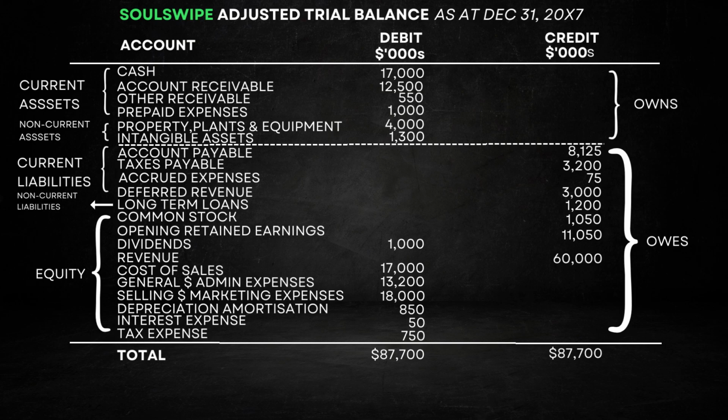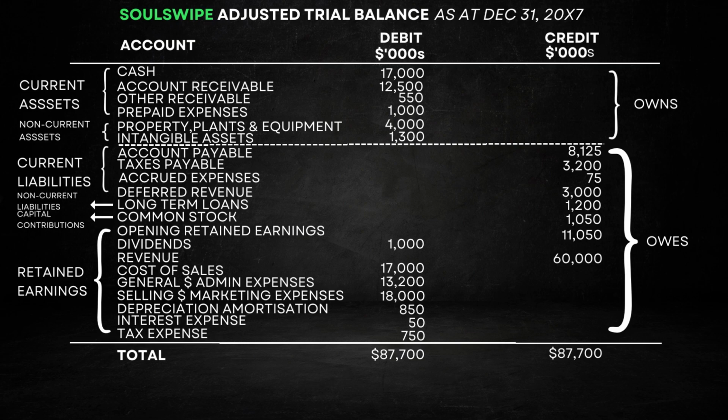In the equity section, we have common stock, which represents the capital contributions made by owners or shareholders. Below that, we find retained earnings, which indicate the profit SoulSwipe has retained for future use. These retained earnings can come from previous years' profits, minus any dividends paid to shareholders, plus the net profit generated in the current year.